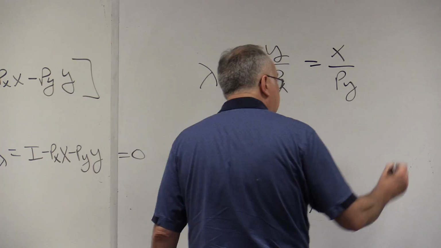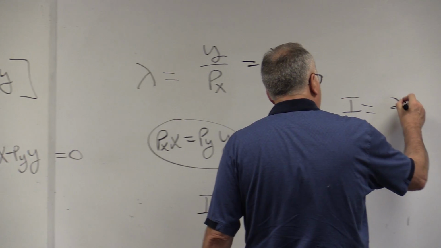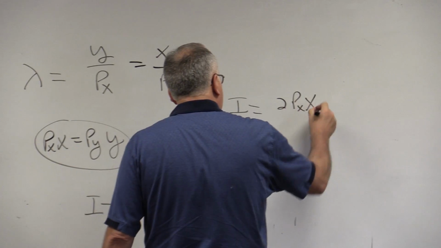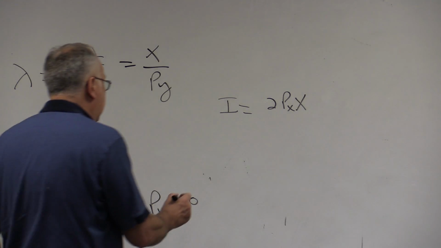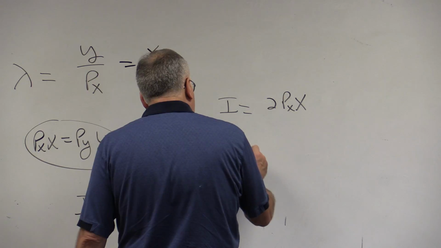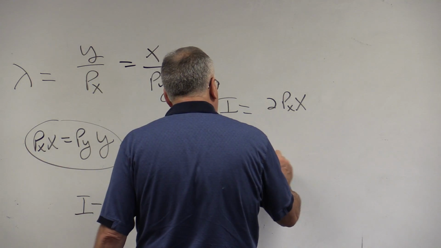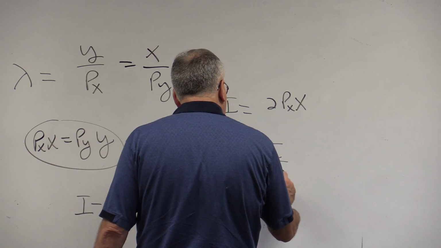In other words, I equals 2pxx. Divide both sides by 2px, and you have the demand function for good x. We'll call this x star, because this gives the optimal value of x. It's I divided by 2px.